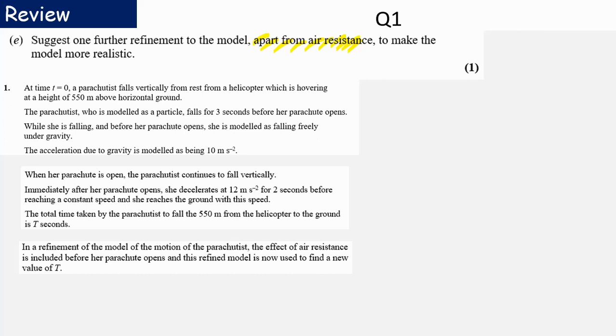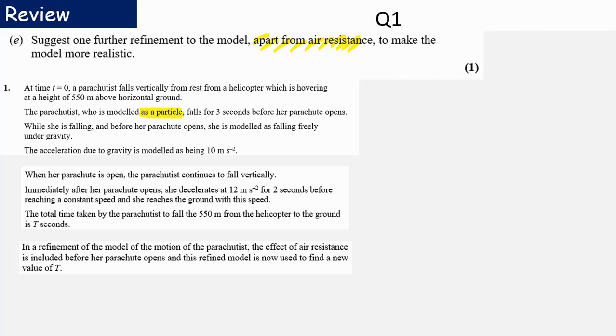At time t equals 0, a parachutist falls vertically from rest from a helicopter which is hovering at a height of 550 meters above horizontal ground. The parachutist, who is modeled as a particle, and that's one of the things, falls for 3 seconds before her parachute opens.